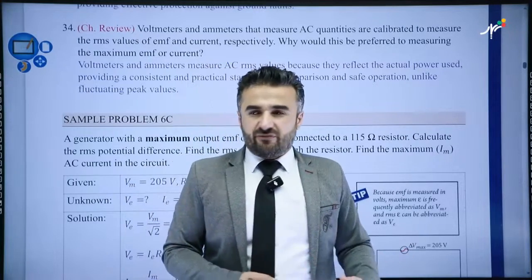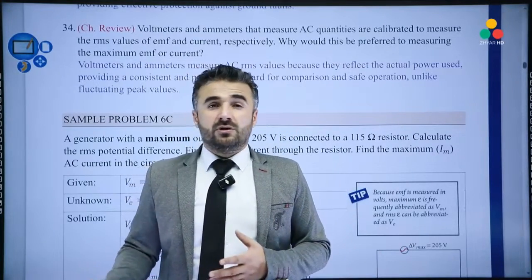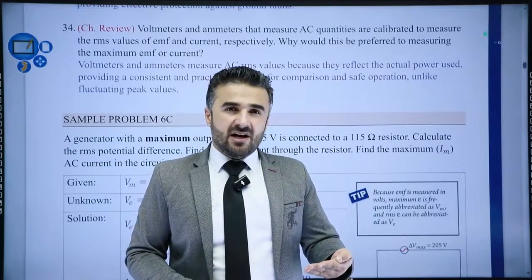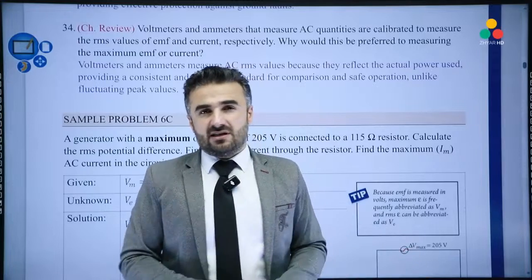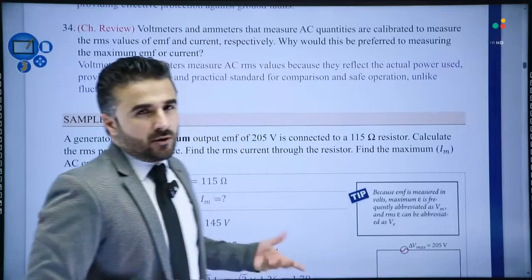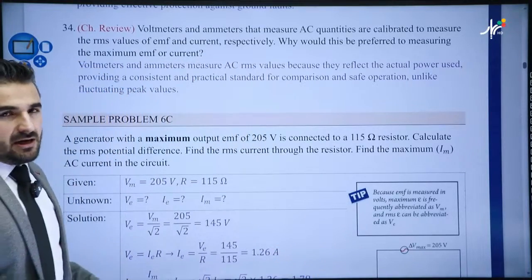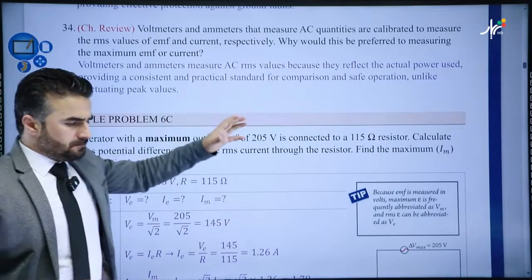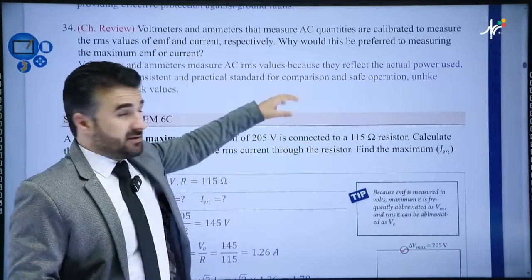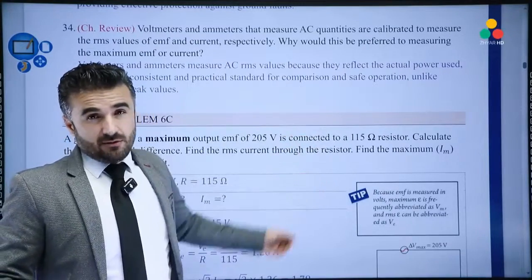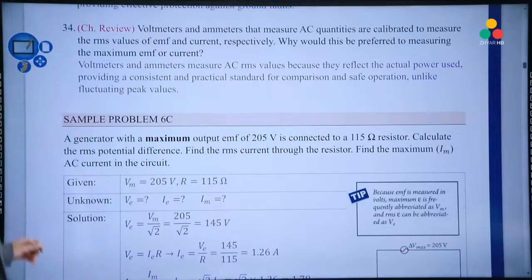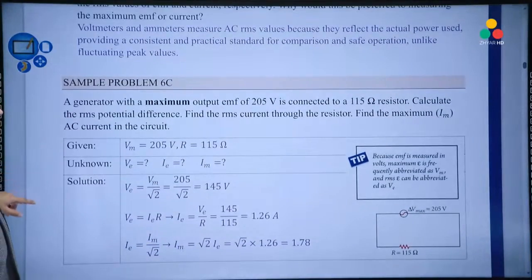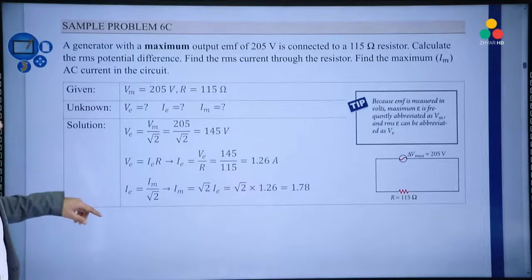It is preferred to measure the root mean square value, or the effective value, so that we can have an idea, on average, how much current is passing through this wire or component. If it is instantaneous, these values are changing constantly, so it's not going to give us an accurate reading. So it has to be root mean square values, or sometimes we call them effective.